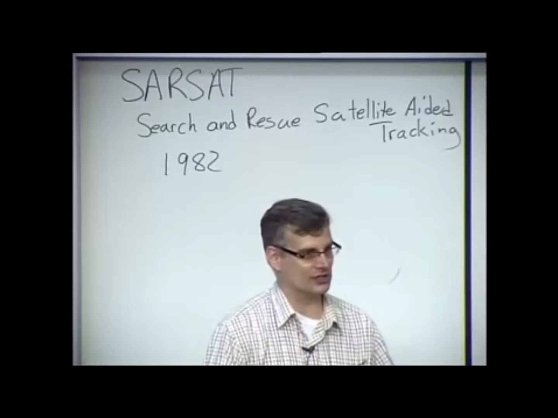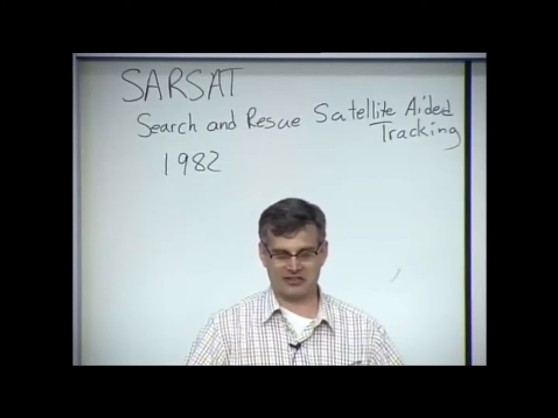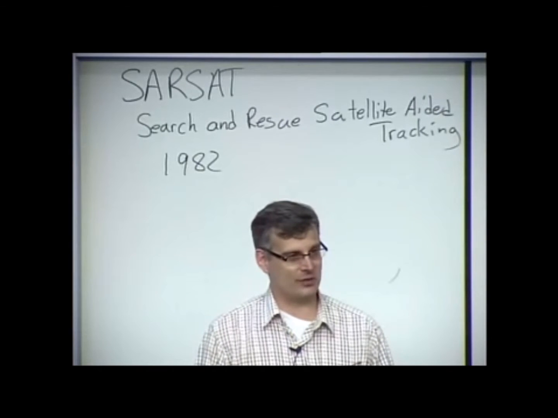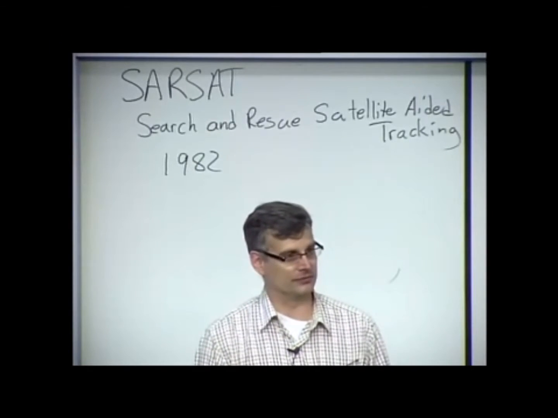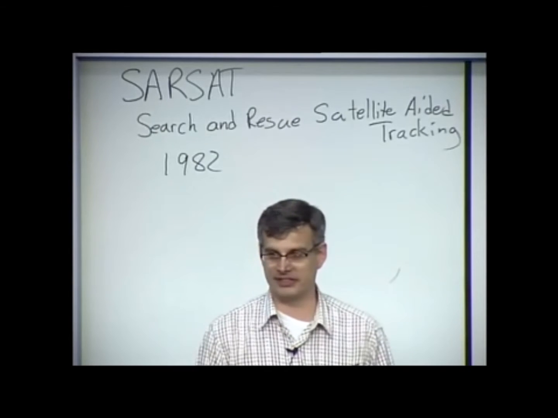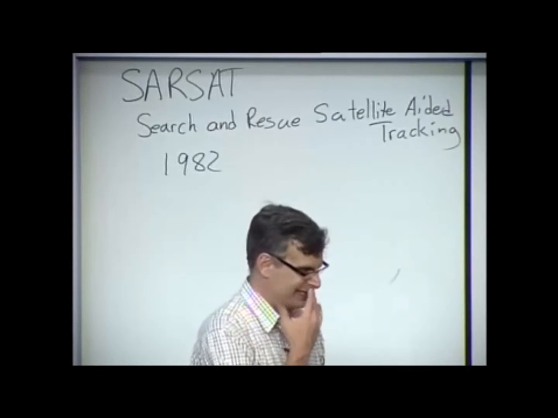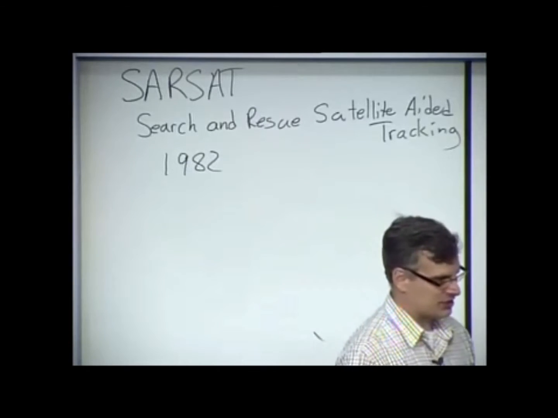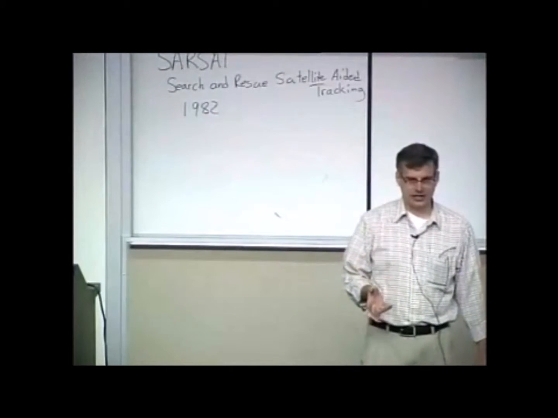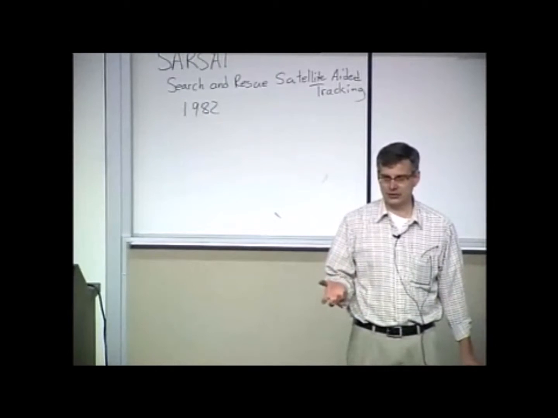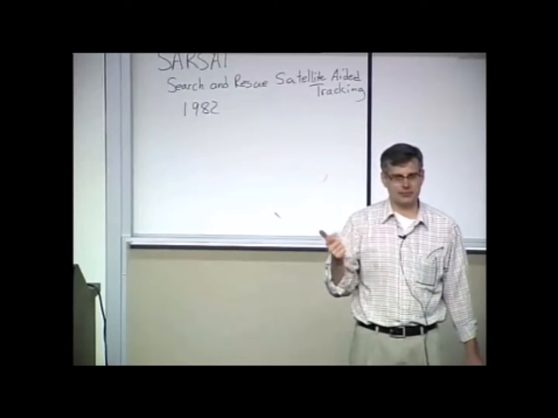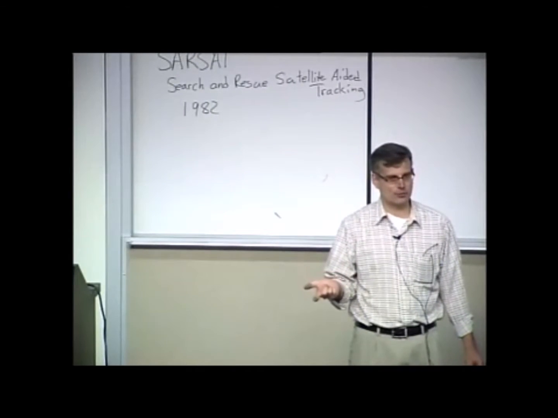It's difficult to search. And frankly, there are a lot of places on Earth still today that you can crash into, and we will never find you. They're just sparsely populated. And so this system was then designed and pressed into service to try to find and rescue ships and planes in distress in remote parts of the world.